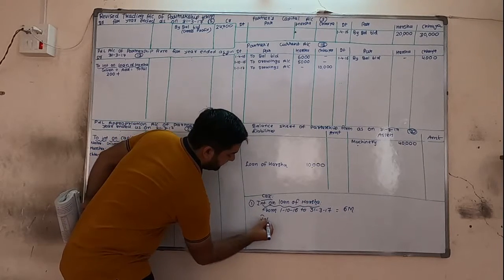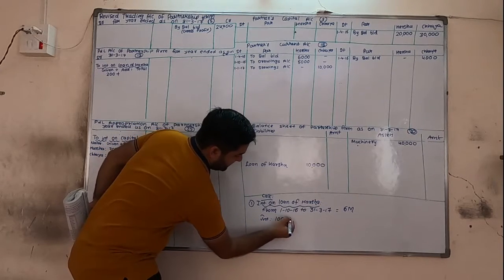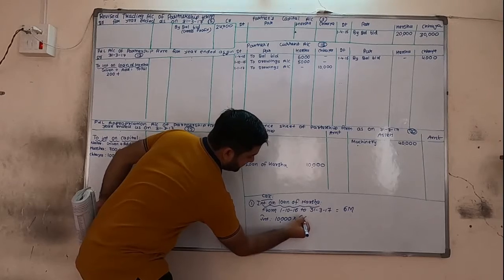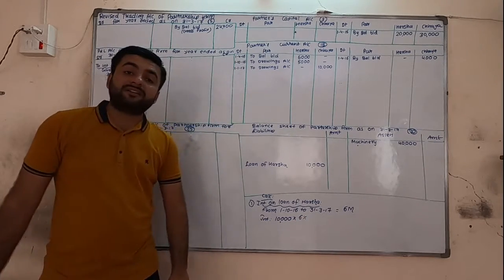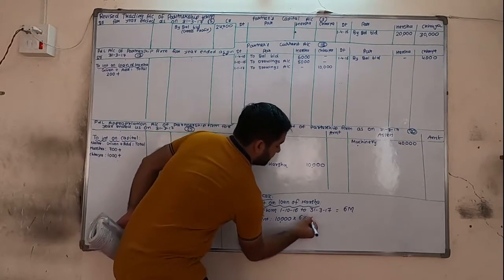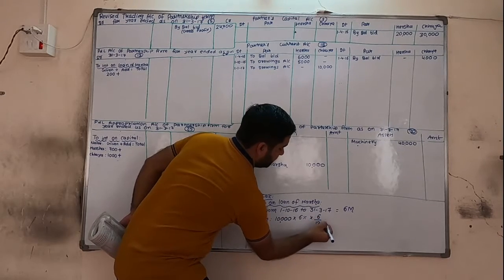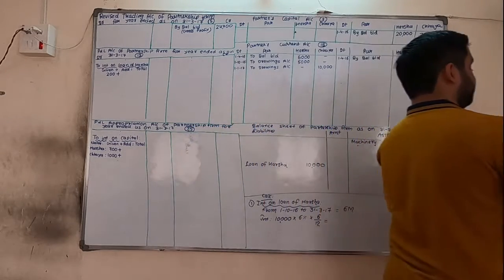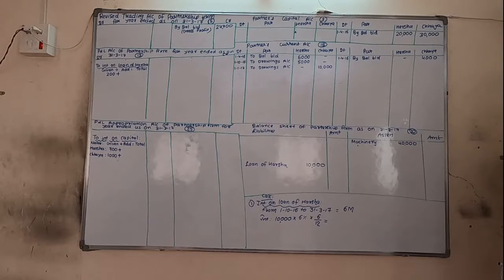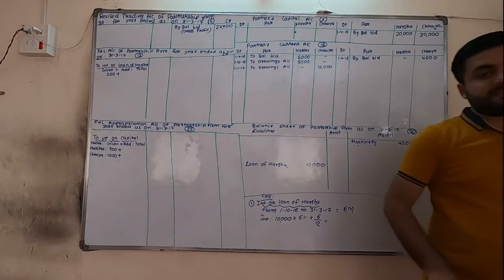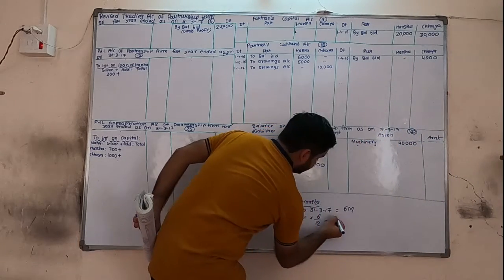Now, interest: 10,000 multiply, percentage is not given on partner's loan, so 6%, multiply 6 upon 12. So 10,000 into 6% into 6 by 12 is 300.